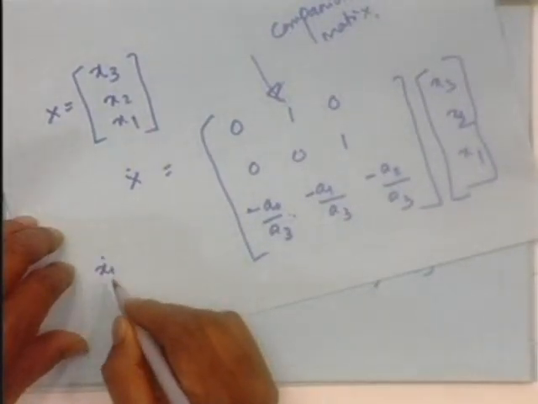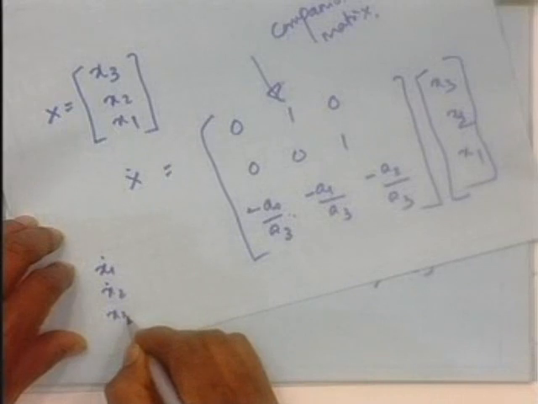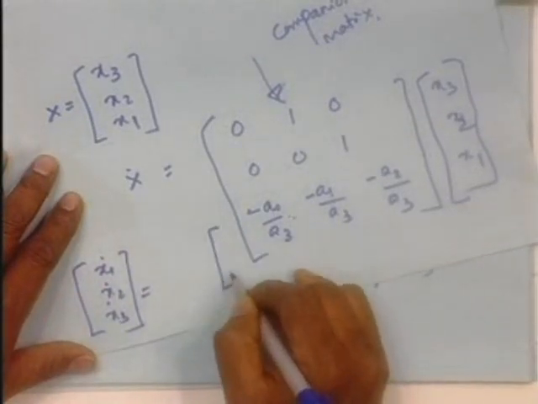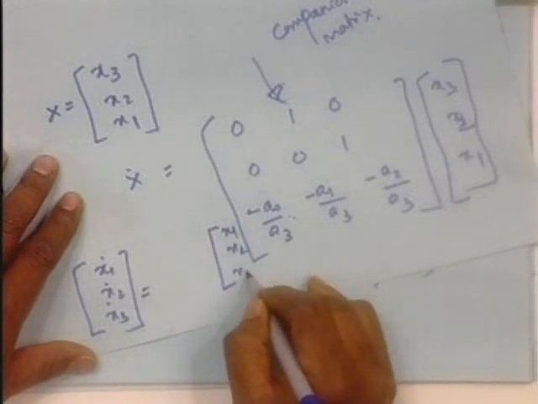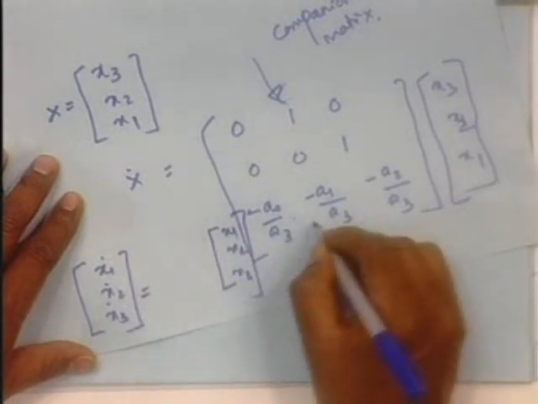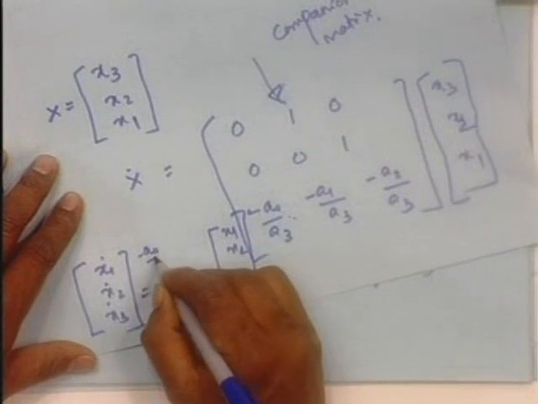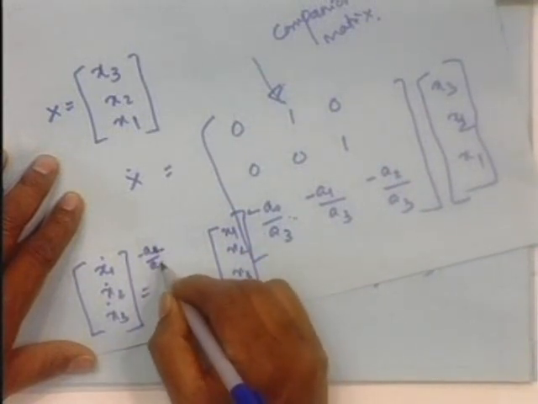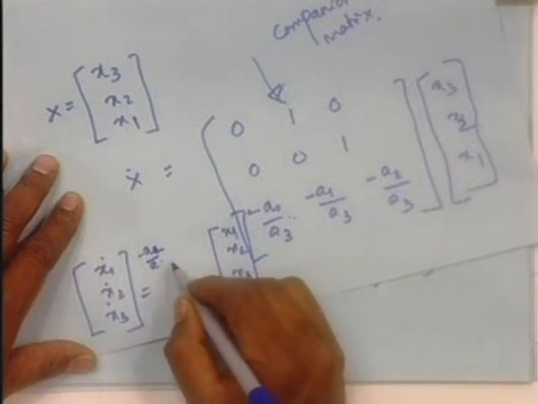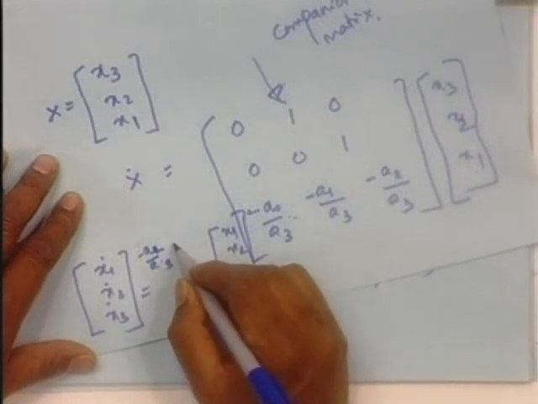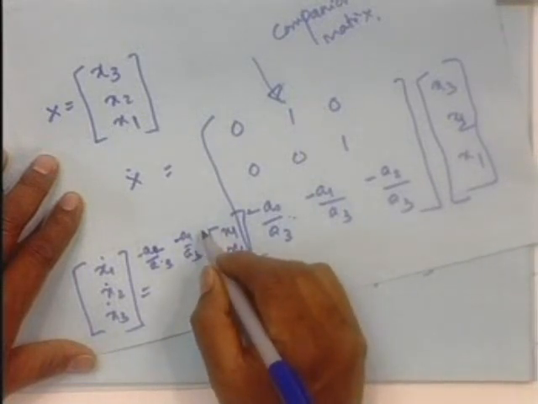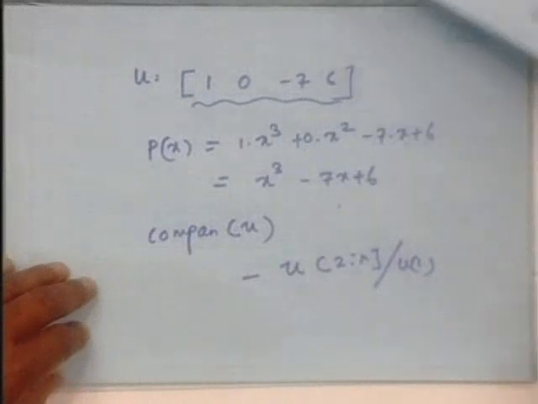If you write x1 dot, x2 dot and x3 dot, and put x1, x2, x3, this whole row will be interchanged. So, this will be minus a2 by a3, then minus a1 by a3, then minus a0, I will write once again.